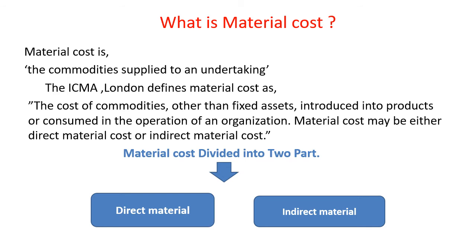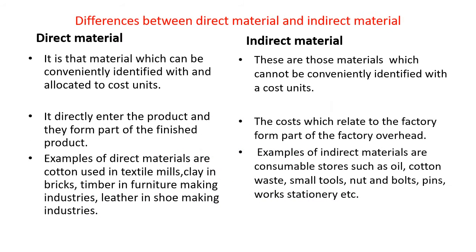Then we see the difference between direct material and indirect material. We learn one by one. First, direct material. It is that material which can be conveniently identified with and allocated to cost units.